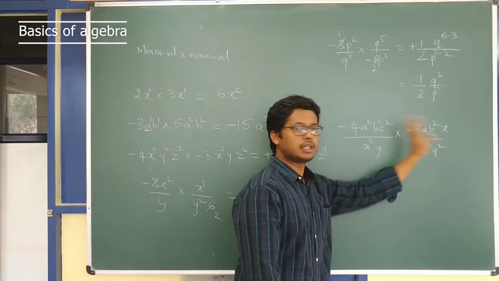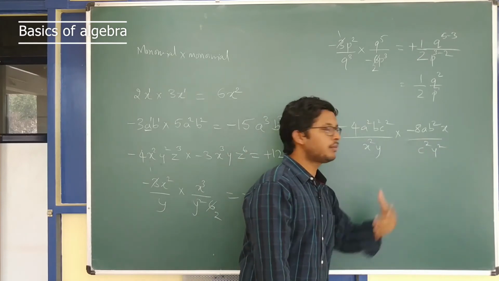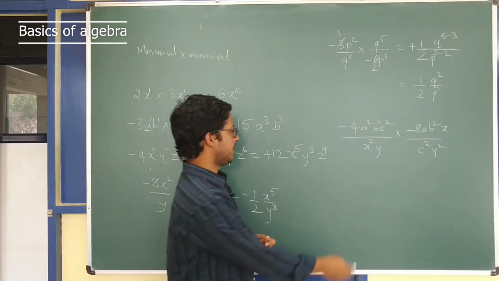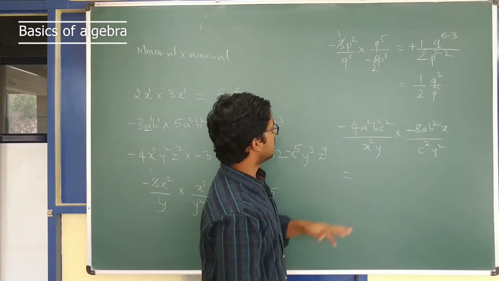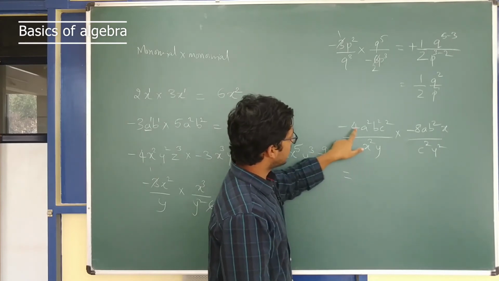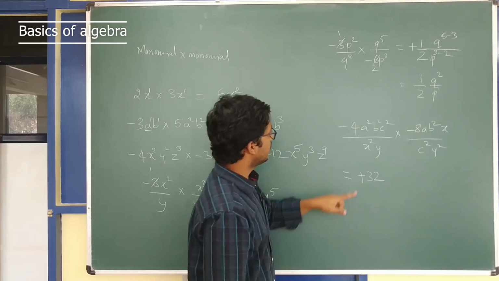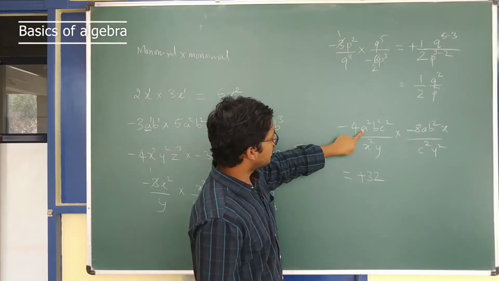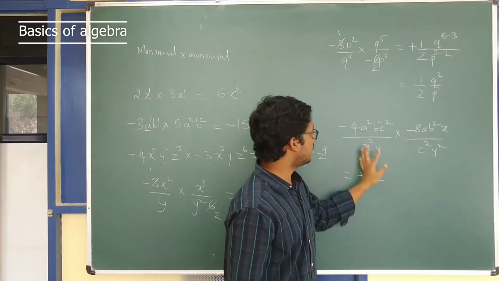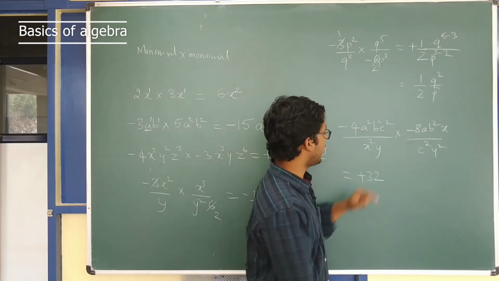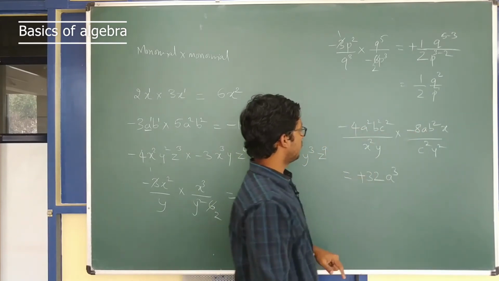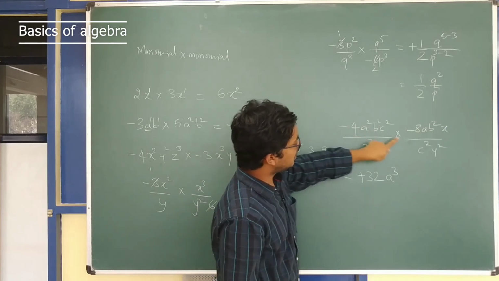Although there are so many terms here, it is still a monomial. This is still a monomial. We still multiply them. First let's simplify numerical terms. Minus 4 into minus 8, it is plus 32. Then find a term. Here we have a square, and here there is a, and there are no more a's. So a square into a would be a cube.